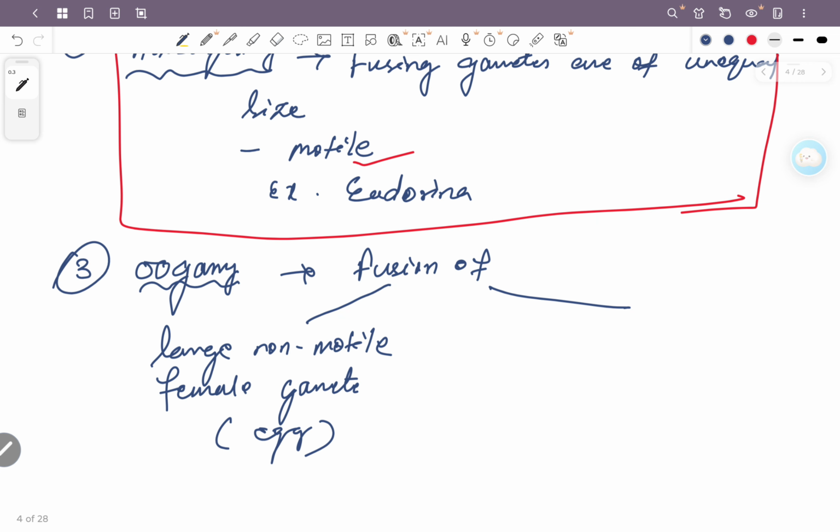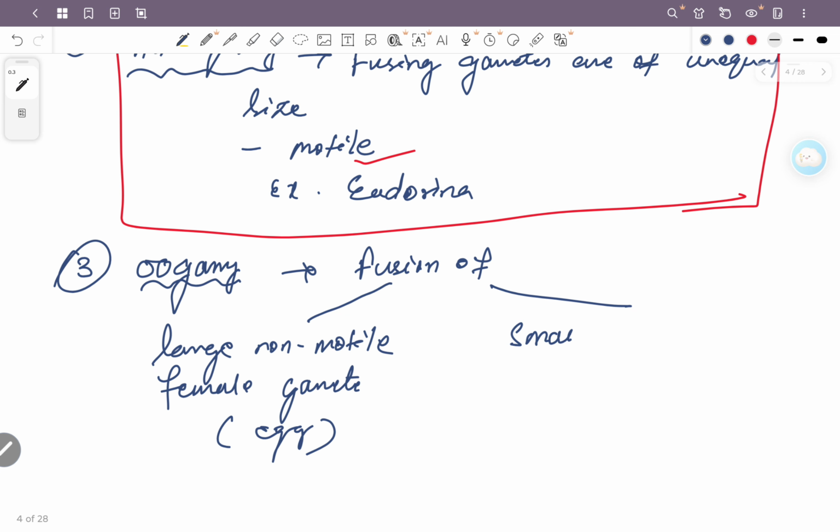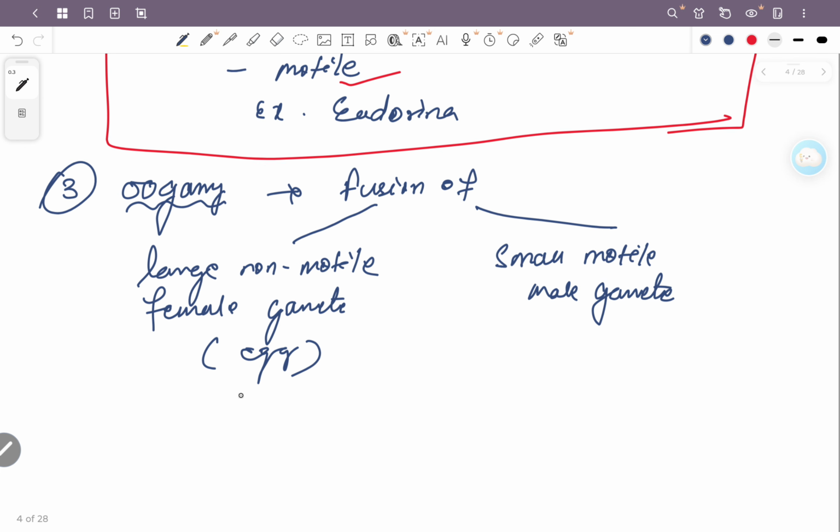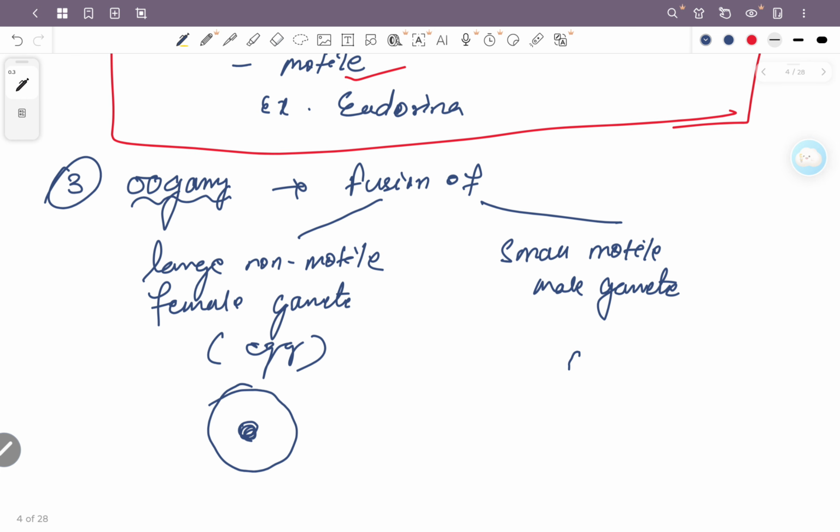And the other one is a small motile male gamete. Okay, so in the case of oogamy, one gamete is non-motile, whereas the other gamete is motile.